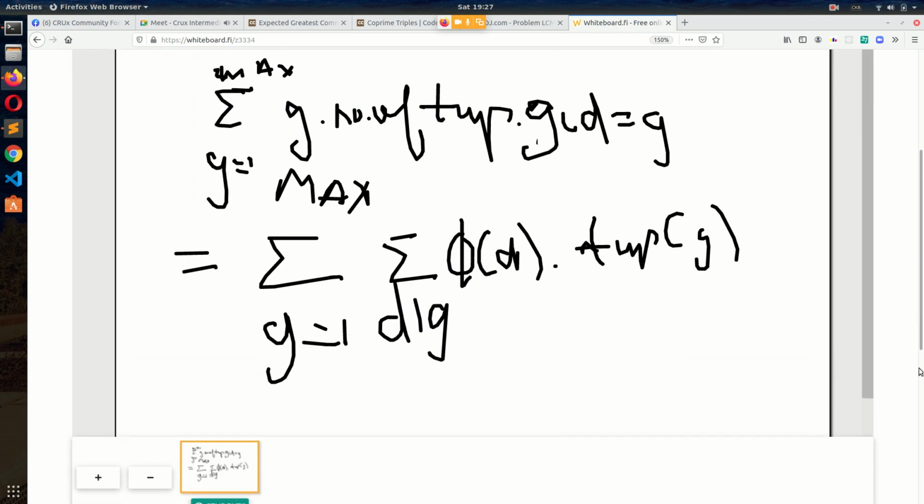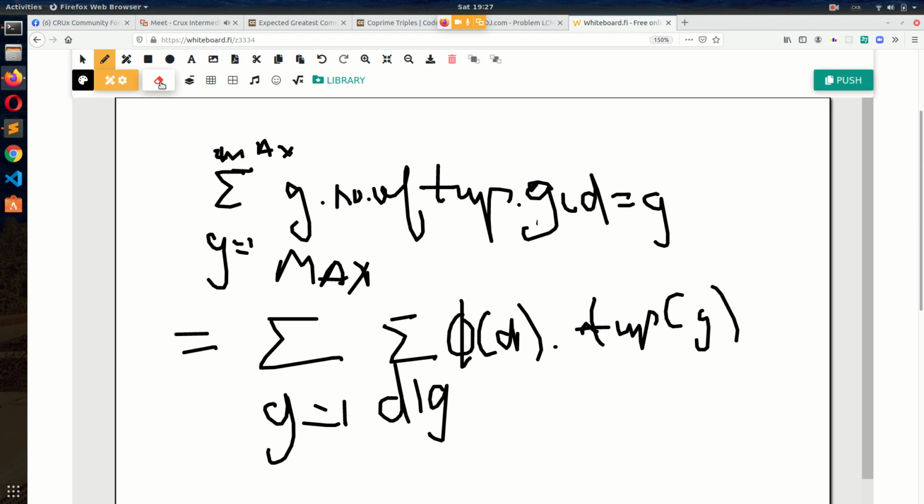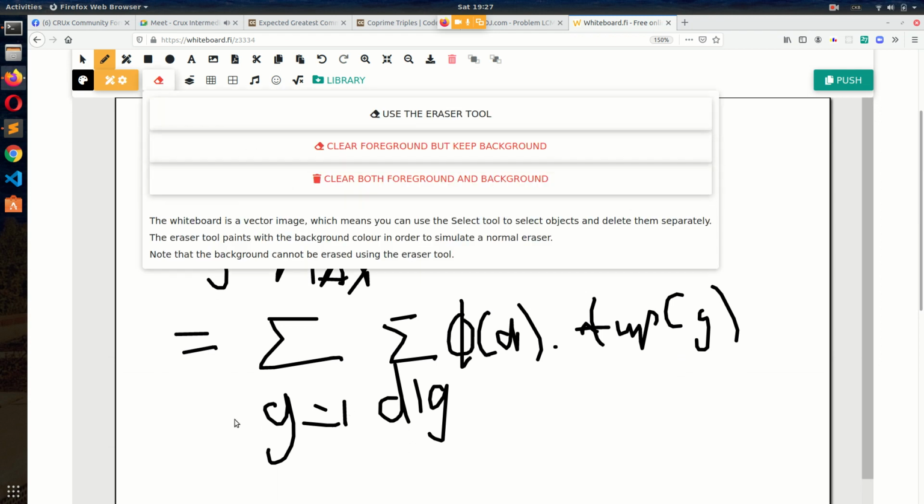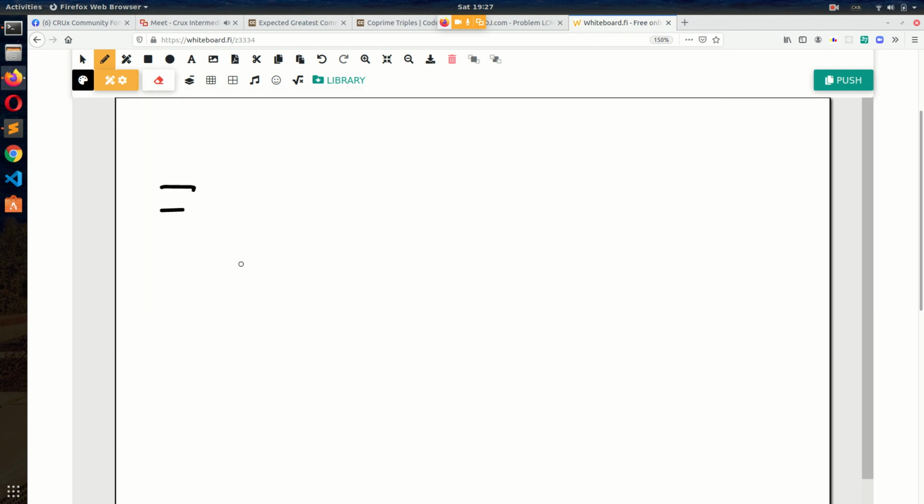But now we have an interesting way of rewriting this again: we can remove the g variable altogether. So this is also equivalent to sigma of d equals 1 till max.